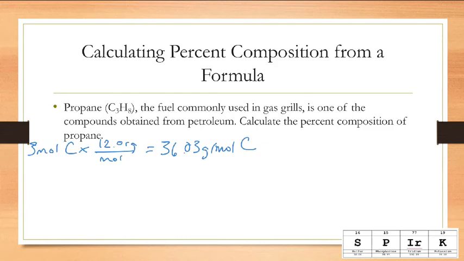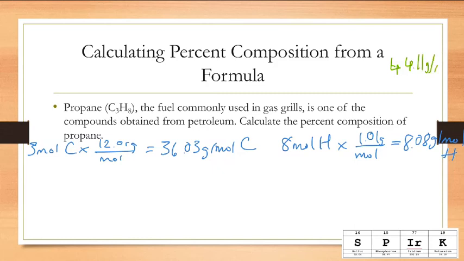Now let's do the same thing for 8 hydrogens. So 8 moles of hydrogen times 1.01 grams per mole gives us 8.08 grams per mole of hydrogen. When we add these two together, our molar mass is 44.11 grams per mole.